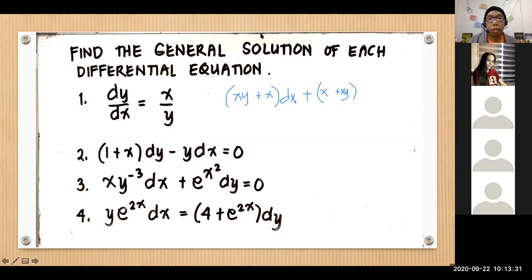Wait a moment, let me just edit this one. Okay: (xy + x) dx + (x + 1) dy equal to 0.